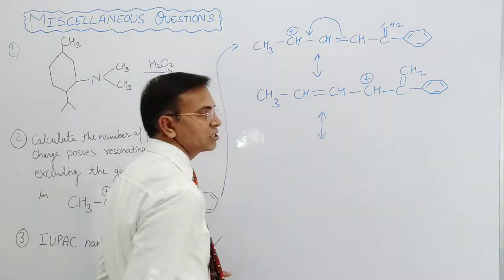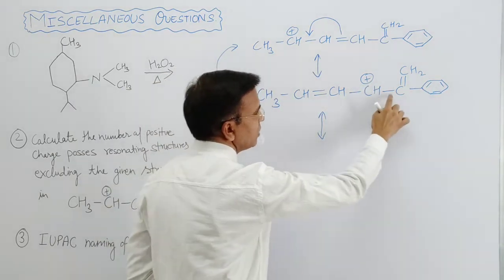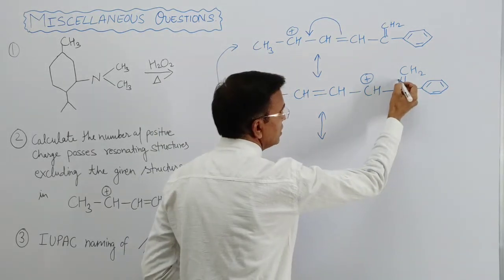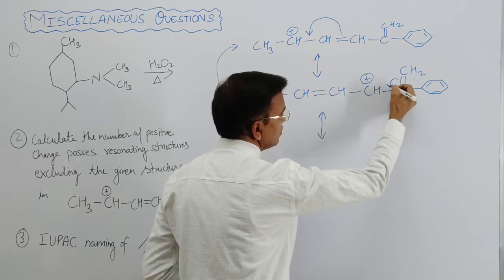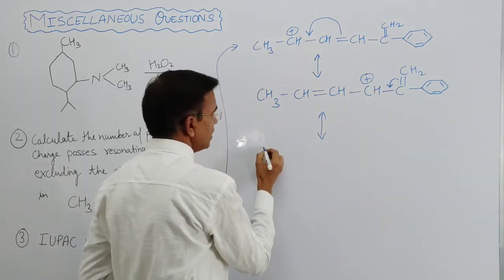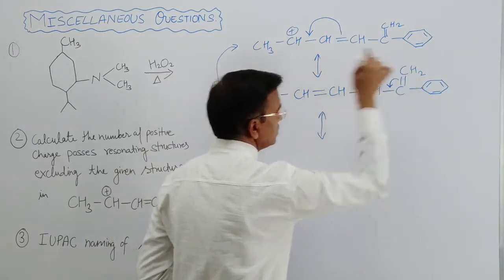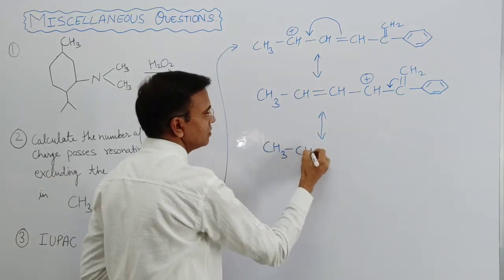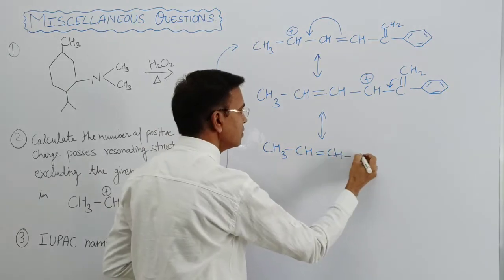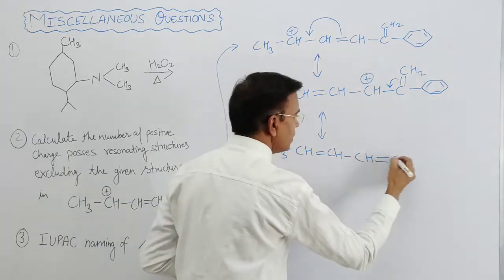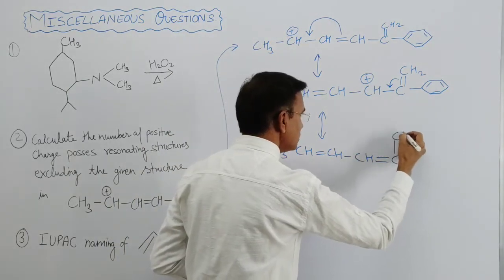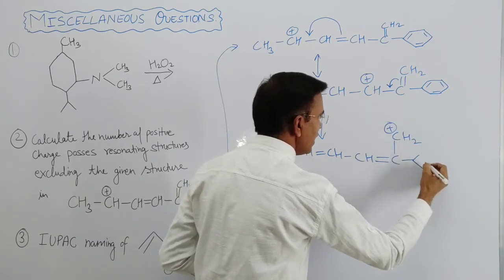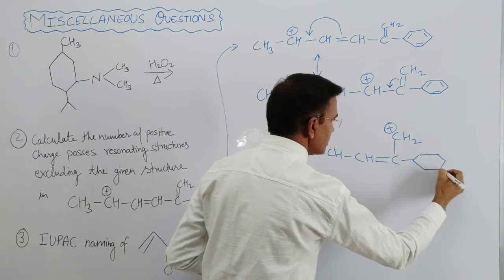The next resonating structure: positive charge, sigma bond, double bond, conjugation, resonance takes place, delocalization of pi electrons. These pi electrons move to this side and the positive charge shifts to this carbon. So the next resonating structure will be double bond C, single bond CH2 and the positive charge here, and the benzene ring is here.